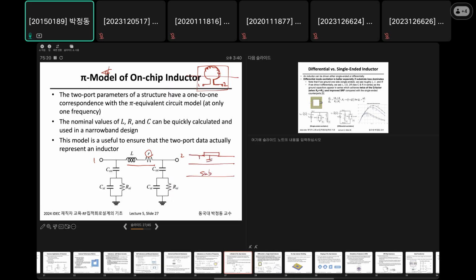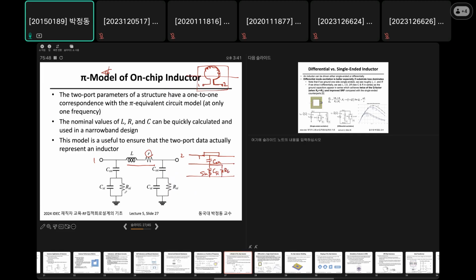The oxide layers have a capacitance, and there is the silicon, which is quite resistive, quite lossy. So we just express the structure this way. Very simple.